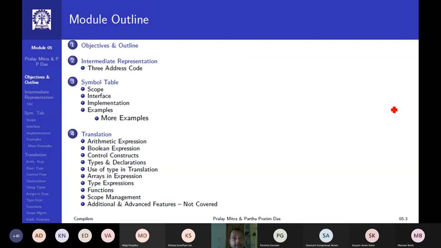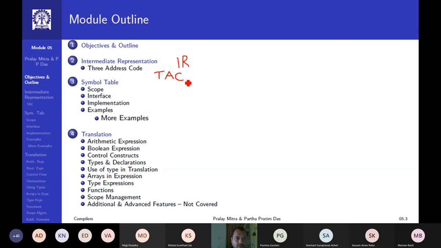So here is the outline, objective, then intermediate representation. Sometimes this is called the IR, and sometimes the TAC, or three address code. It is intermediate because it is in between the source program and the machine code. And why it is three address, shortly I will go to that.